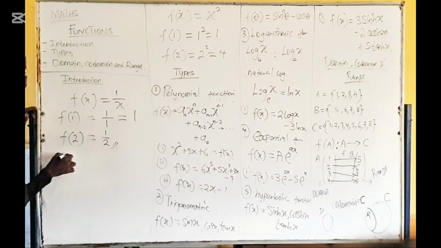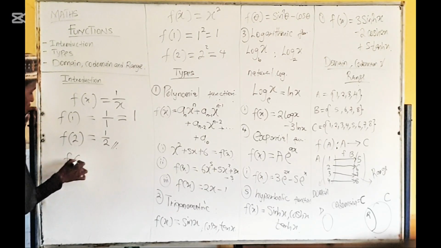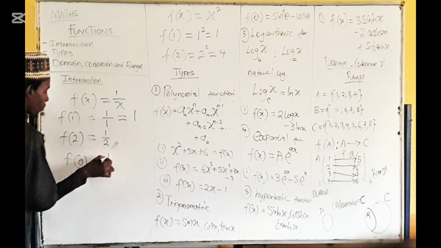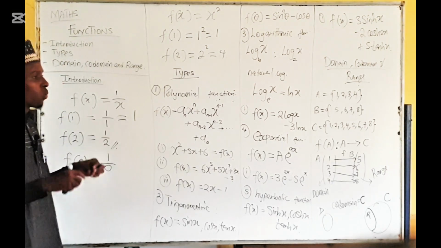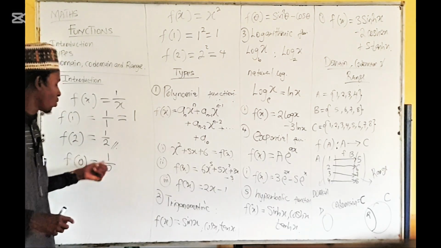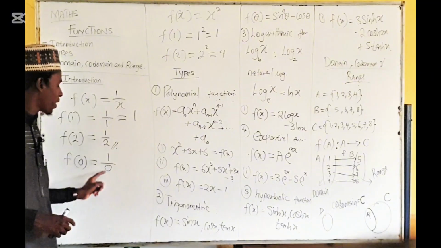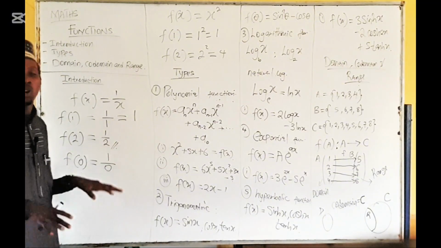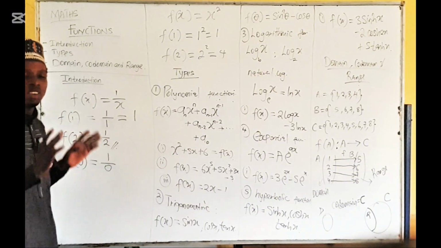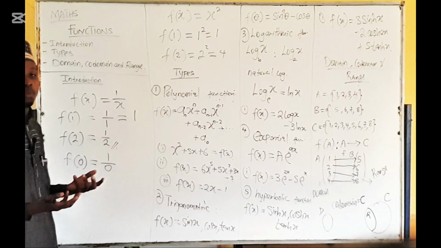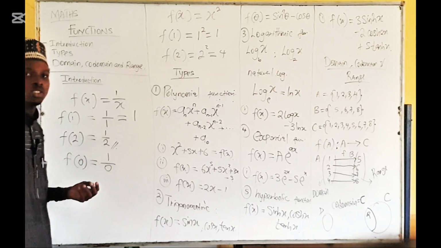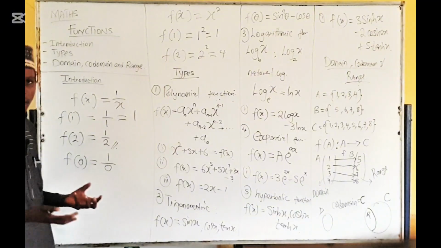Okay, now let us try when my input is 0. When my input is 0, I will have 1 divided by 0. And we have to know this: in mathematics, we don't allow 1 over 0, because 1 over 0 is undefined, or in advanced mathematics we call it infinity. Infinity is not defined; we just assume that it is the largest number, but it is not defined.